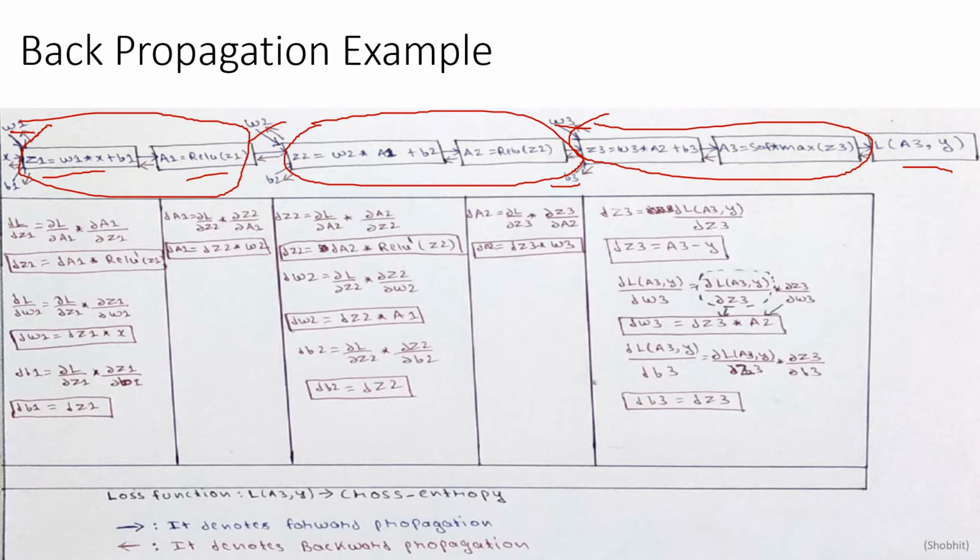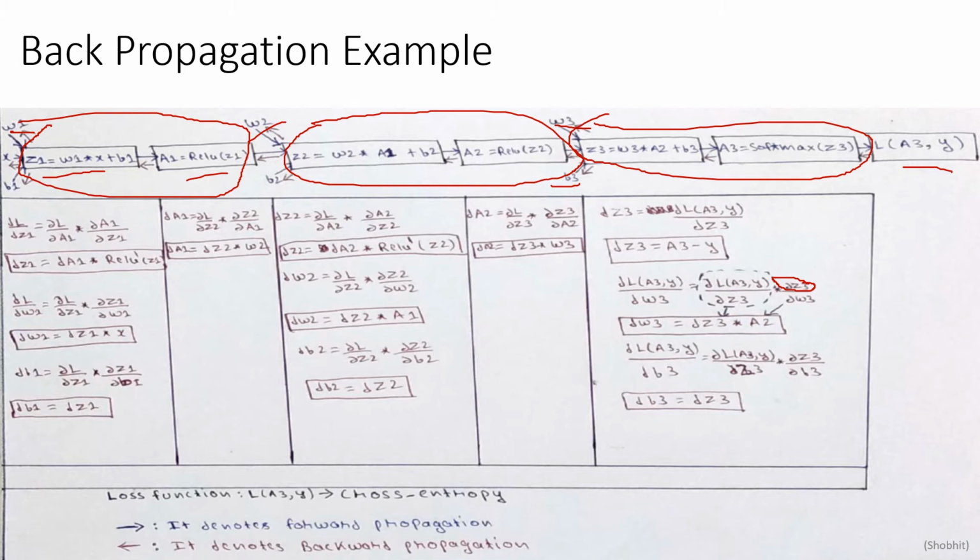This is done through differentiation: dL by dW3 equals ∂L by ∂Z3 into ∂Z3 by ∂W3. This ∂Z3 is calculated through the equation dL by dZ3.